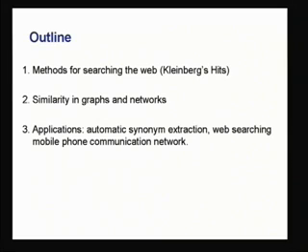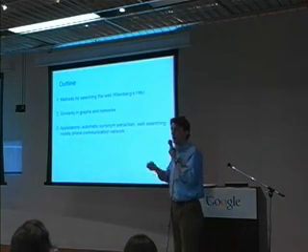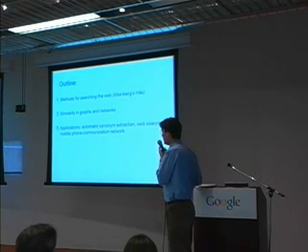And then I'll describe how to extend this notion of HITS to computing similarity in graph networks, and then I'll go to a few applications. And as Maureen said, one of the applications will be automatic synonym extraction of monolingual dictionaries. And I'll describe some experiments we did on a dictionary.